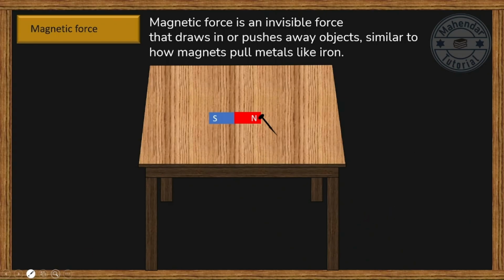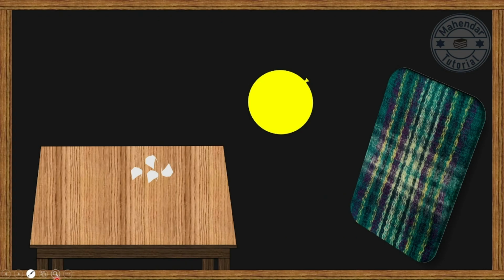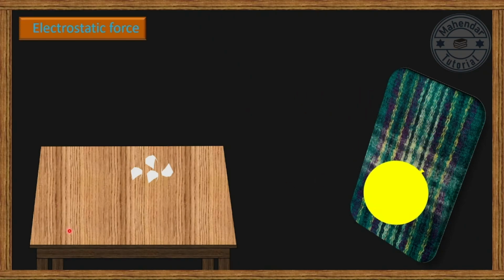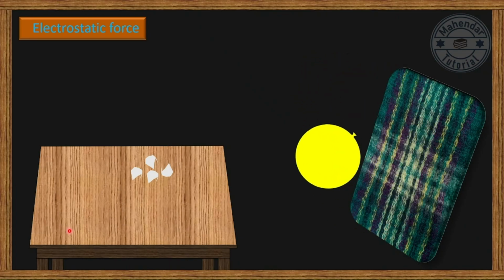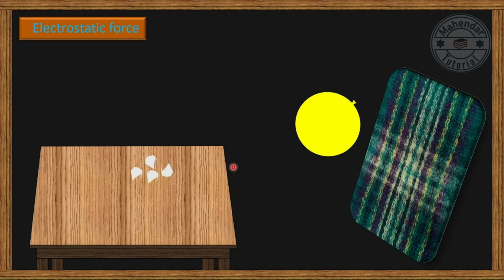Next we will discuss electrostatic force. Here there is a table with some pieces of paper, a balloon and a woolen cloth. If we rub the balloon on the woolen cloth a number of times, the balloon gets charged.